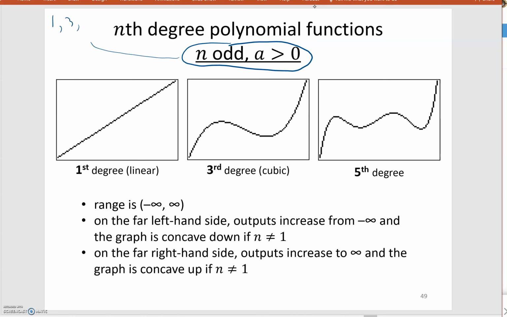So 1, 3, 5, 7, etc. That's the power of the highest term in the polynomial is odd. So that would include our linears and our cubics. And the fact that the leading coefficient is positive, well, let's look at how that affects things. First of all, what about the range? The range is going to be all real numbers.